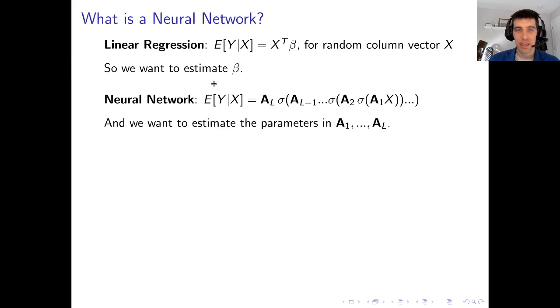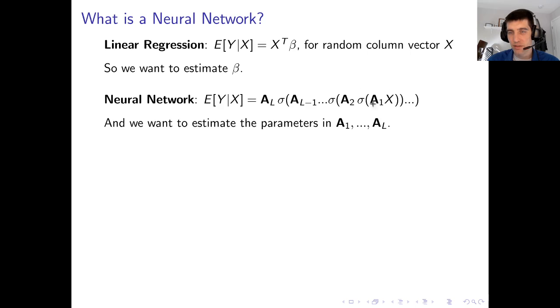And in a neural network, what happens is that the conditional mean of y given x is, instead of being a linear function of x and beta, a sequence of compositions. We have the original predictors, and they are multiplied by this matrix A1, and then we apply the sigma function.